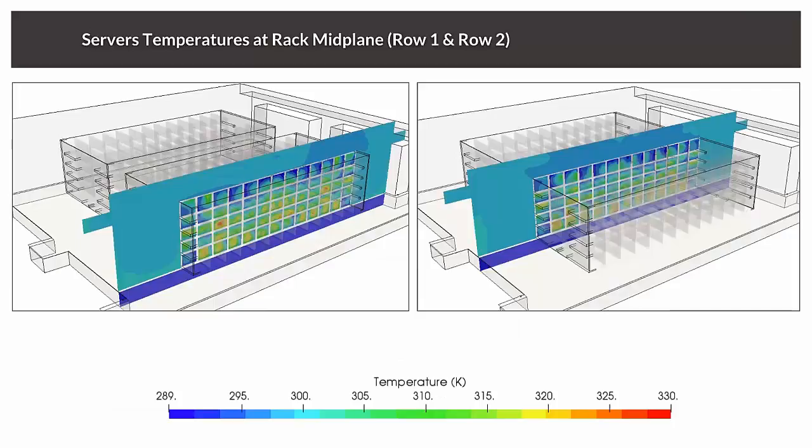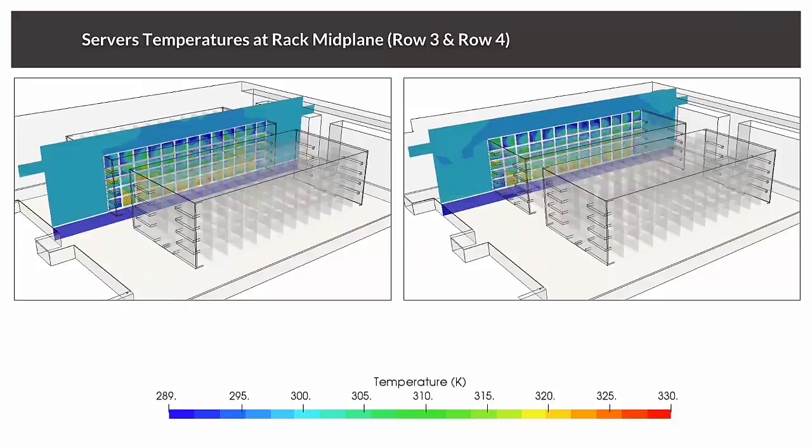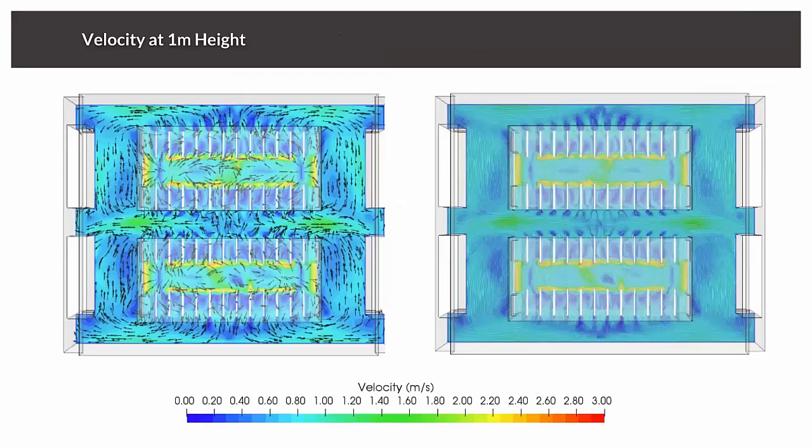Some more visualization. This is a cut through the middle of the server rack rows number 1 and 2, and some more cuts through the back aisle. Notice that we are generating heat inside these server units.